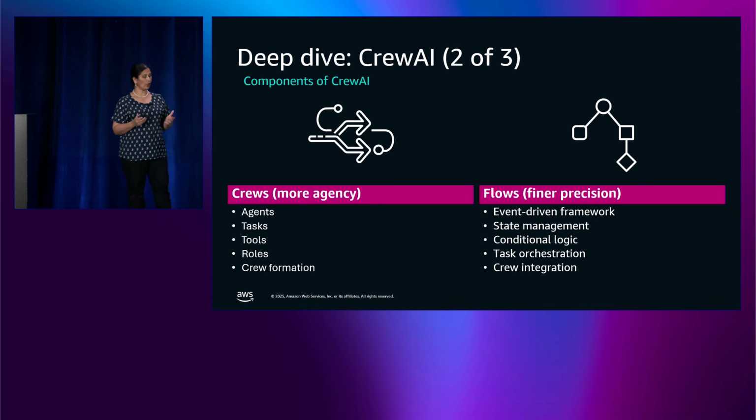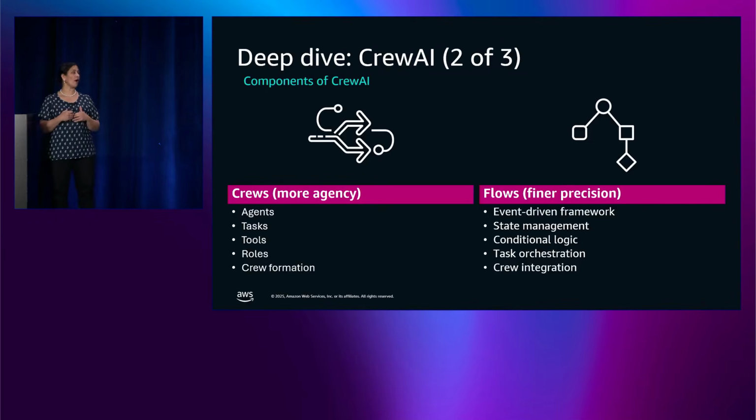You can give it a role and then it forms the crew with what it has available, and then works with them. With flows, it provides more precision and more flexibility in how you want to drive it, what you want it to start with, and what tasks you want it to do in parallel.